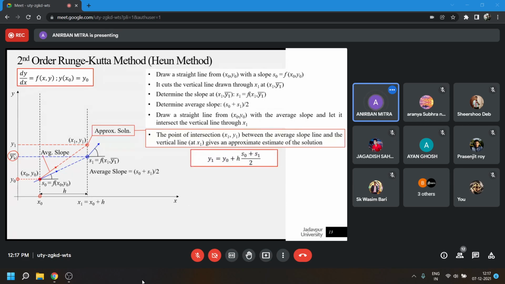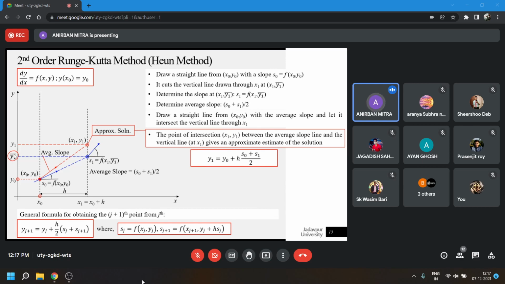So basically, we can write it like this. y1 would be equal to y0 plus h multiplied by the average slope. That is the general formula. If you are to generalize it, of course, we'll write it for the j plus 1th step corresponding to the jth step. So yj plus 1 would be equal to yj plus h by 2 multiplied by sj plus sj plus 1. Now what are sj and sj plus 1? They are the slopes at the two different points.